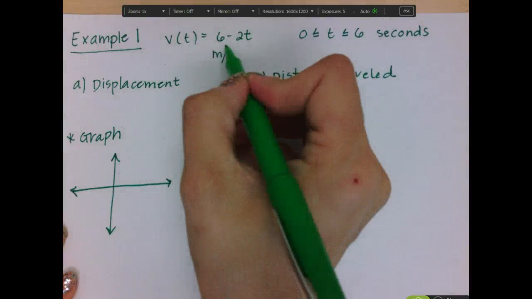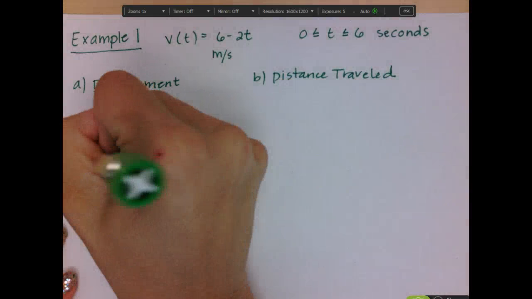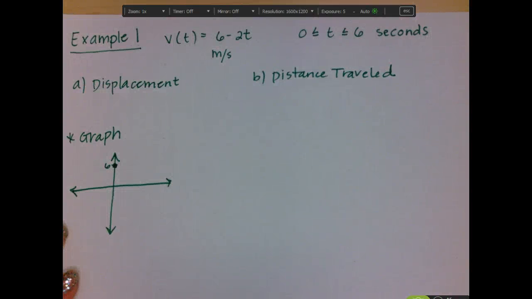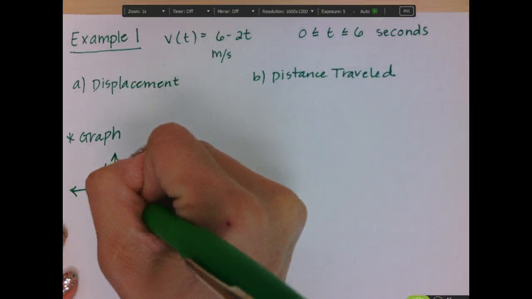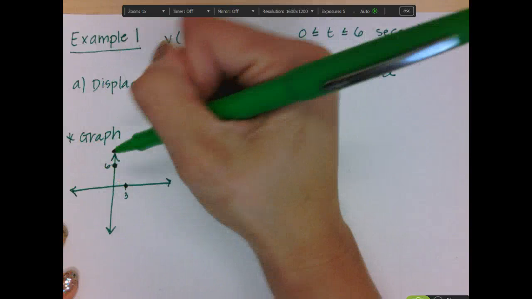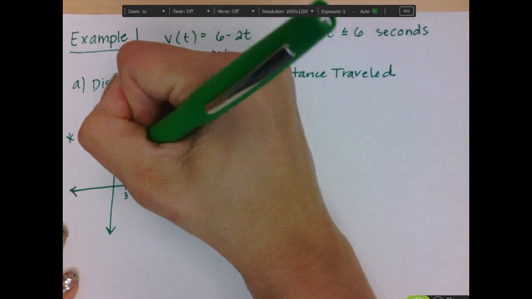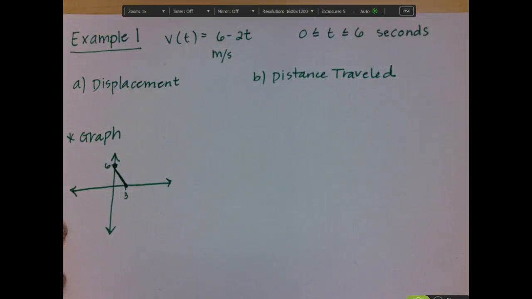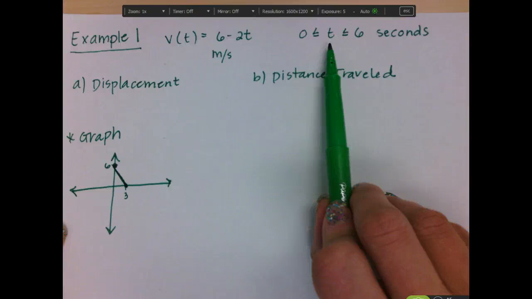So graphing this function 6 minus 2t, I might find its intercepts first. And so I know it has a y-intercept at 6, and it's got an x-intercept at 3, and it's got a negative slope. However, this doesn't exactly give me the graph I need because my time interval goes from 0 to 6 seconds.